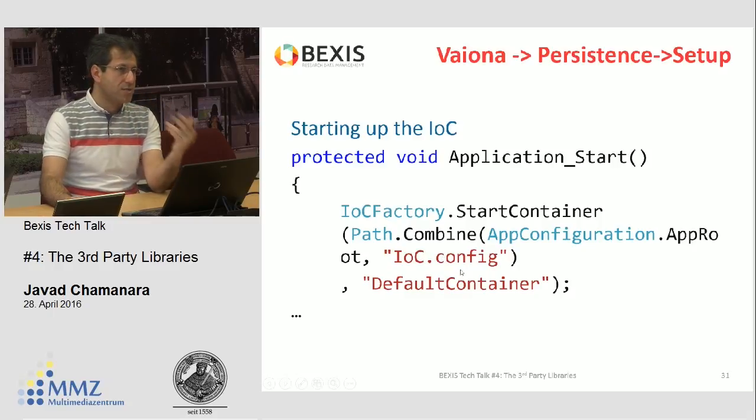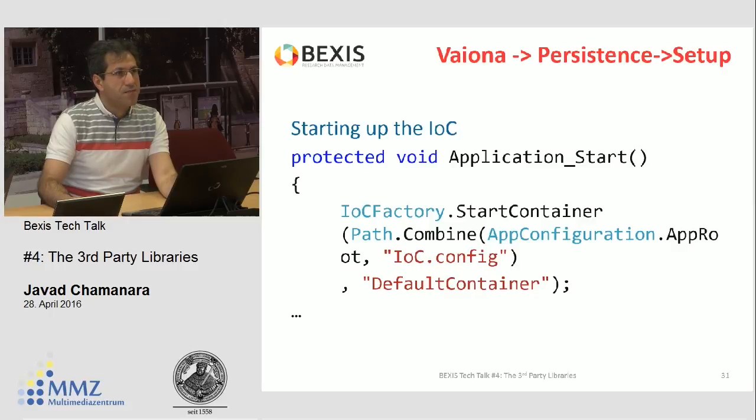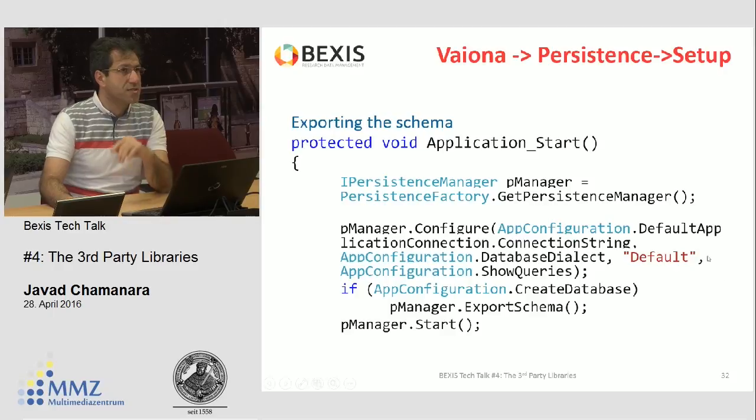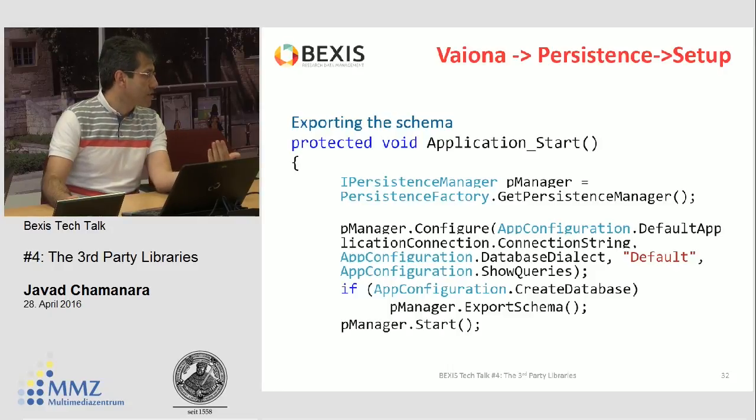In our case, it will start a Unity container, and with this container started, we need to start the persistence also. Here you see we are using the persistence factory to get a persistence. The persistence factory checks if no persistence has been started, it will start one and return it; otherwise it will just return the existing one.